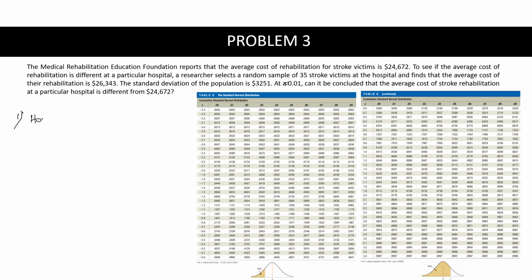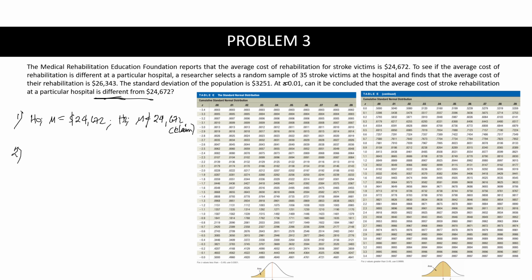Our H0 here is mu equals $24,672, and our H1 is mu is not equal to $24,672, because the statement is "different from", which is a common phrase that I taught you in the first video. This one is our claim.